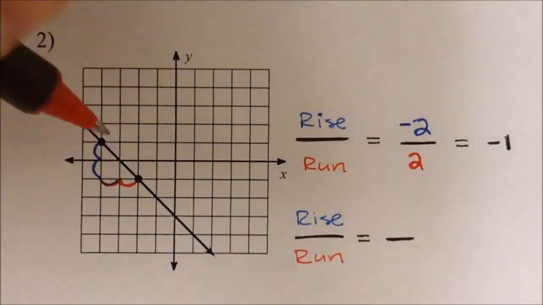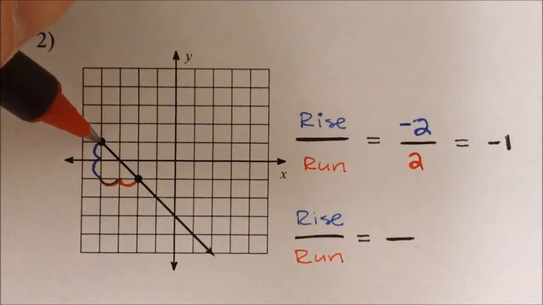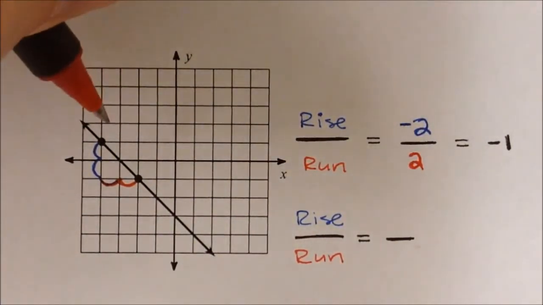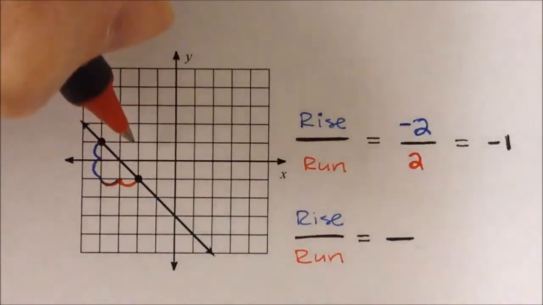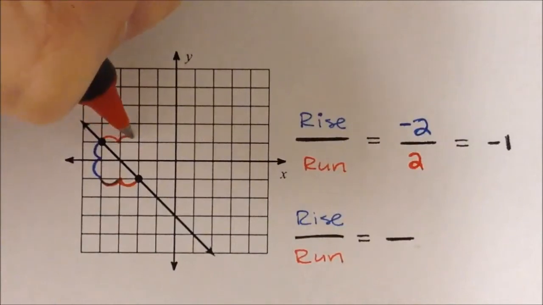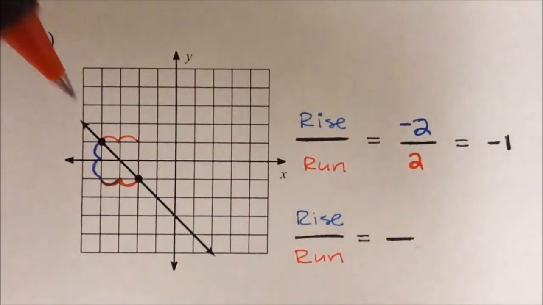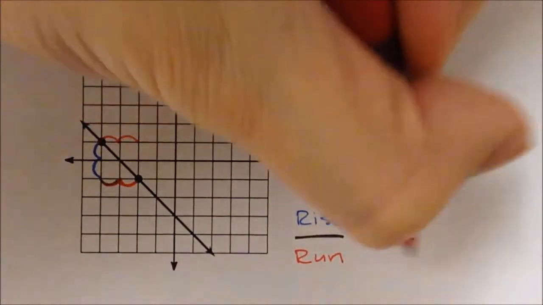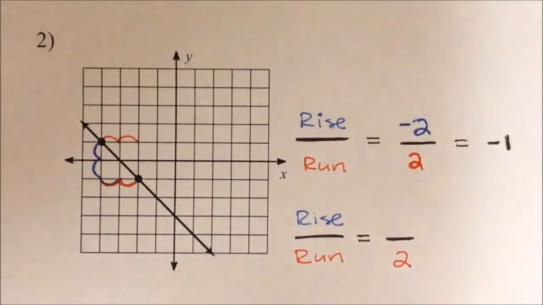So again, I'm going to start from my furthest left point. If I want to be vertical level with my second point, I'm going to go to the right 2 times. 1, 2. So that's 2 for my run, so I'm going to put 2 on the bottom first.